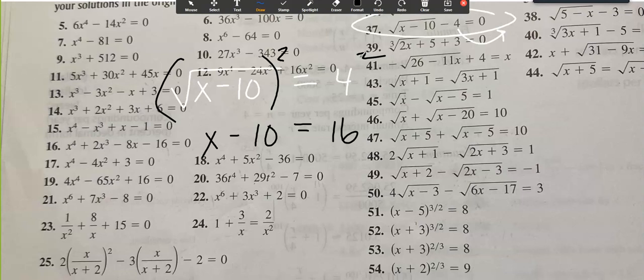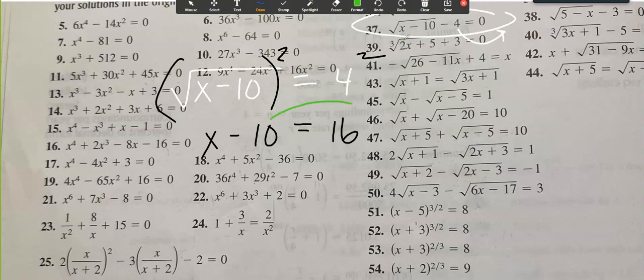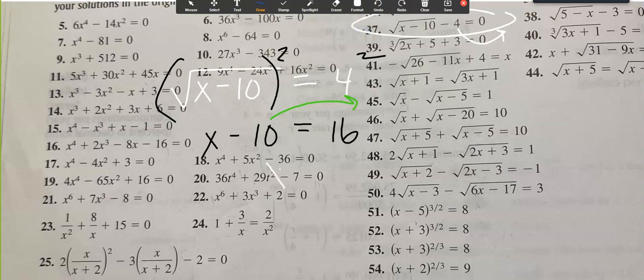But here, the only thing you get is 16, and then of course you add 10 to it. Yep, to move it to the other side. And so x is equal to 26. That one was easier. Yeah, that one's way easier. There's no factoring necessary. Right.